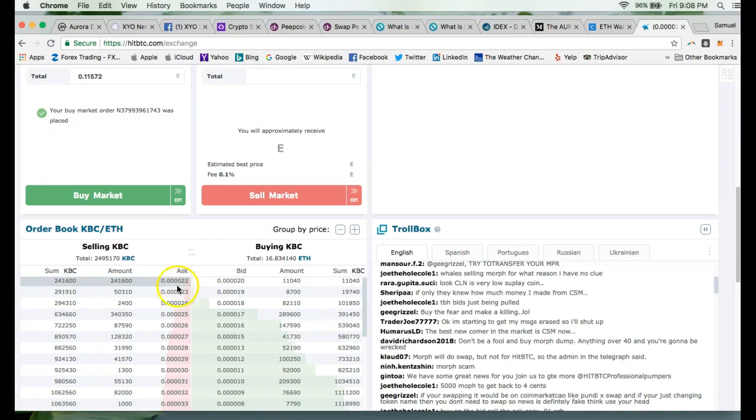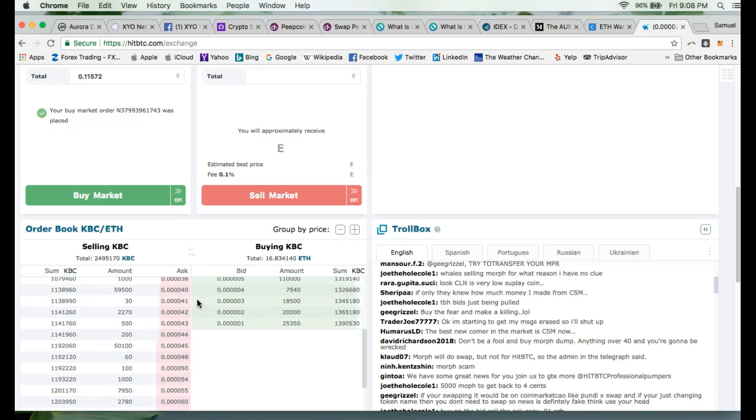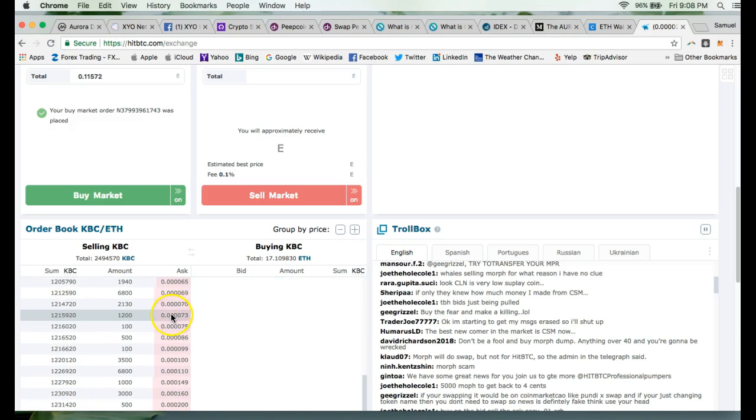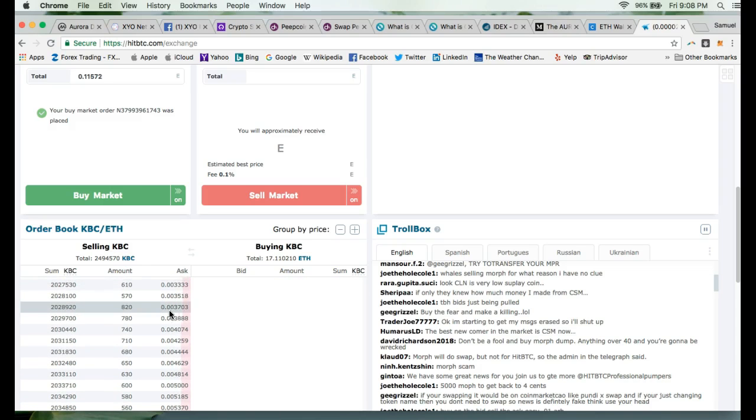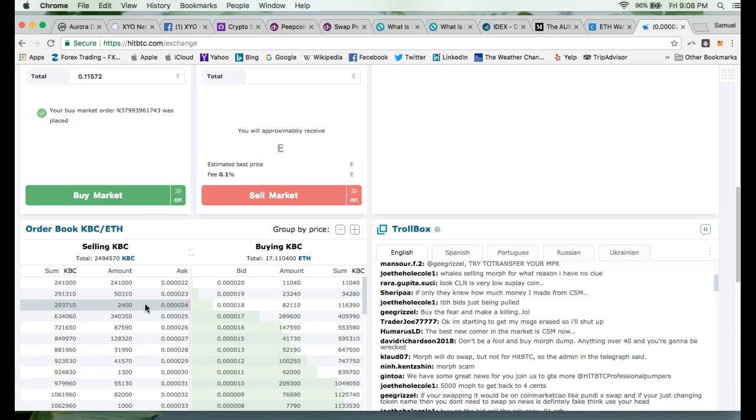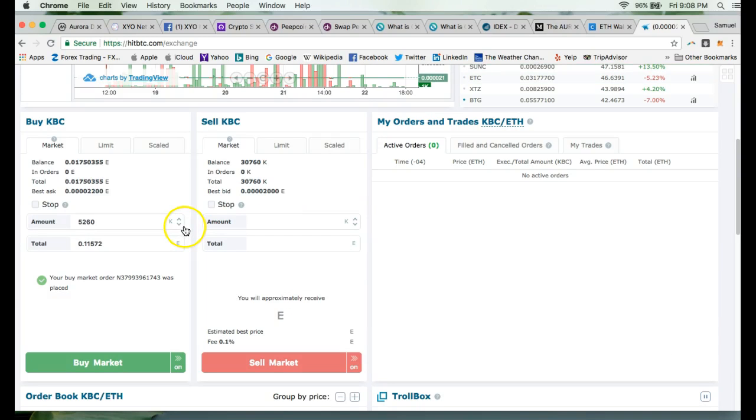It gives you the best asking price, and look, the asking prices are going higher, higher, higher. I guess the higher the amount, the higher the asking price. This is the amount that I purchased right here, 5,260 Carat Bank coin.